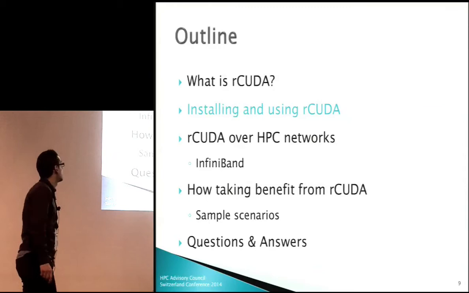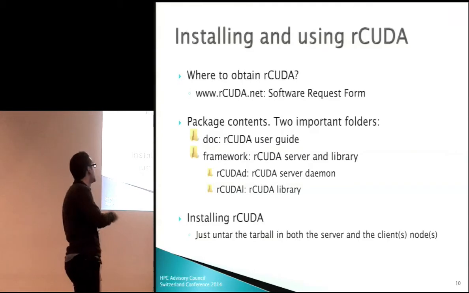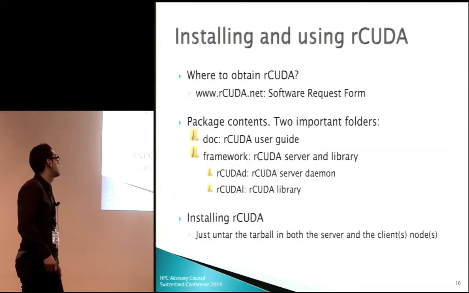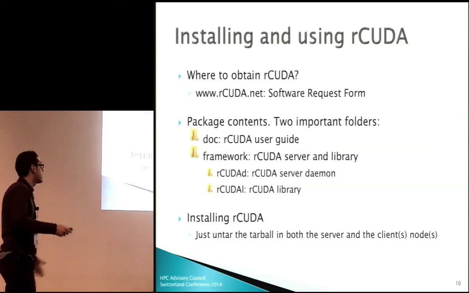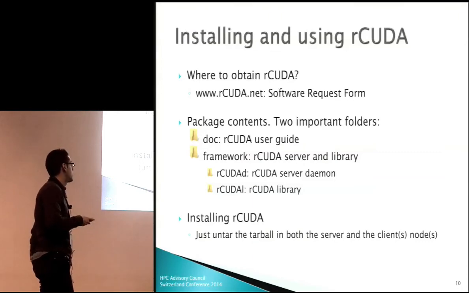So let's move on now to the next section. Well, first of all, where do I obtain rCUDA? You just have to enter our website, rCUDA.net, and fill in a software request form, and then we will send you rCUDA. Once I have rCUDA, I receive a package which has mainly two important folders.